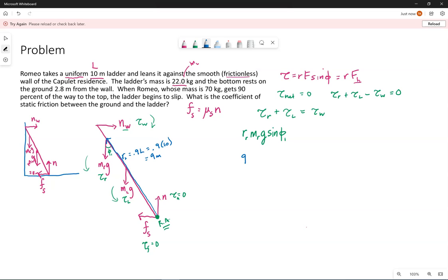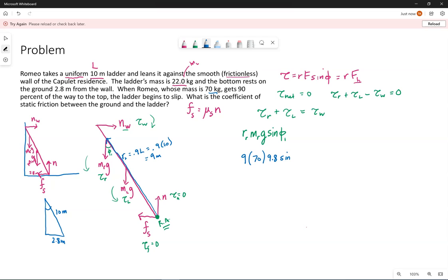The mass of Romeo, we're told, is 70 kilograms. G is 9.8. We need to figure out that angle, phi 1. The way we can do that is we know the ladder is 10 meters long, and we're told that it is placed 2.8 meters from the wall.